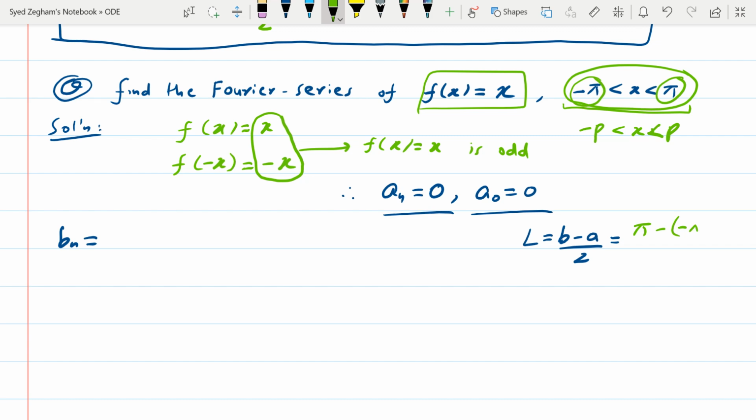Minus pi, isn't it? Divided by 2. So this will give us pi plus pi, that will be 2 pi. 2 pi divided by 2 will remain pi, right? So L is equal to b minus a divided by 2. B is the end point of my interval and a is the starting point of the interval, right? Okay, so in this question L is equal to pi.